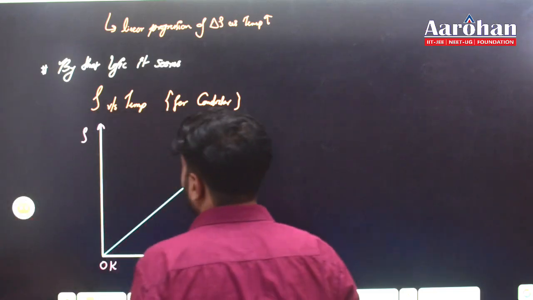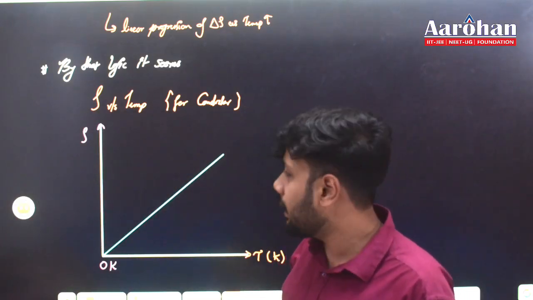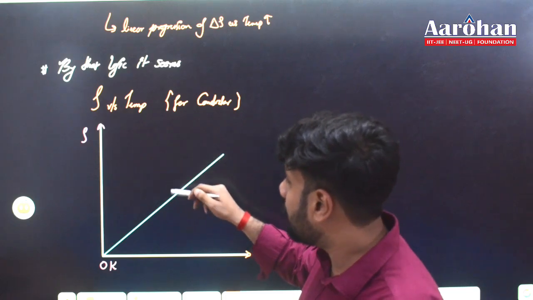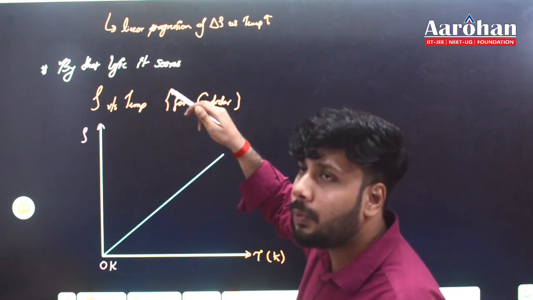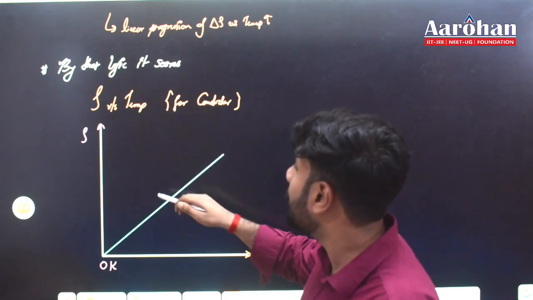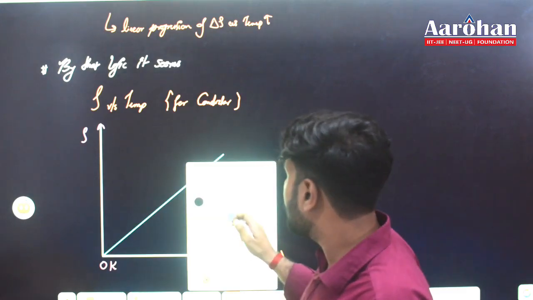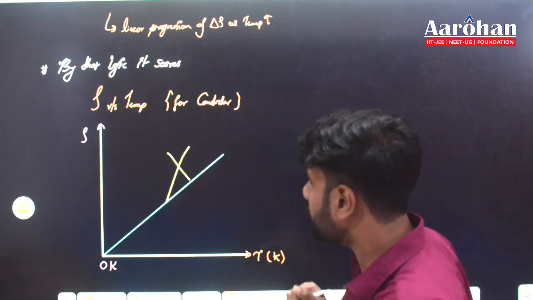Even though it seems correct and the graph we got from the equation is correct, if you put the equation in the graph, you will get the same graph. But the thing is, this is not the correct graph.